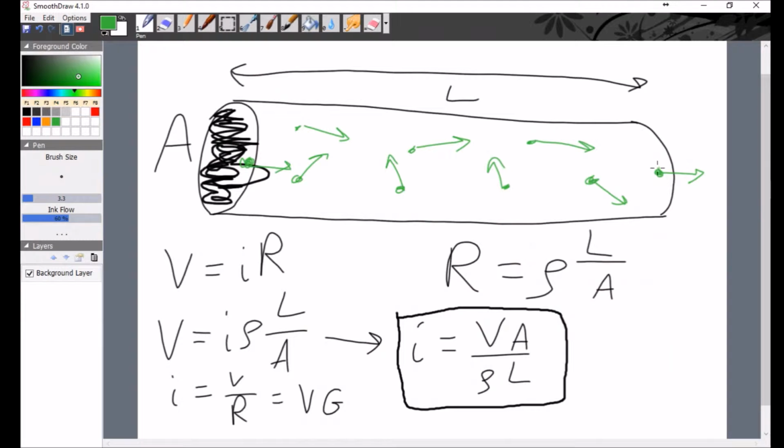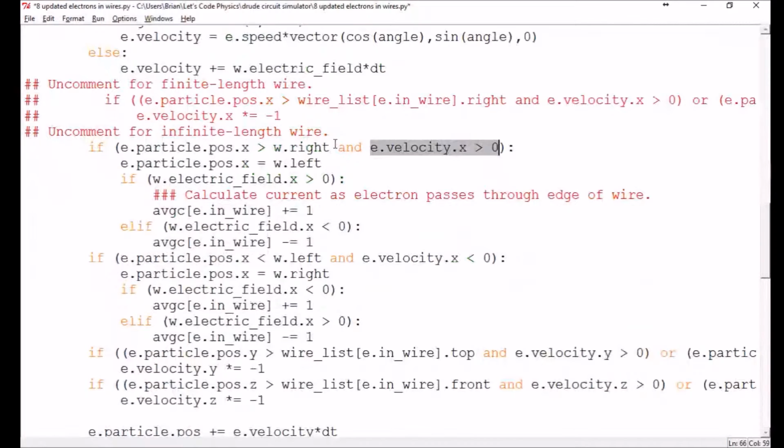In more physical terms, say this is where the battery is located. Imagine we've got the wire wrapped back around on itself with a battery in the middle, and this would be where the two ends connected. And so what we're saying is, that's the point at which I'm going to count electrons passing through, because current is basically the number of electrons passing through.